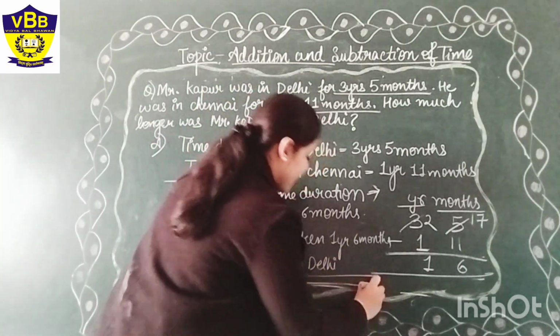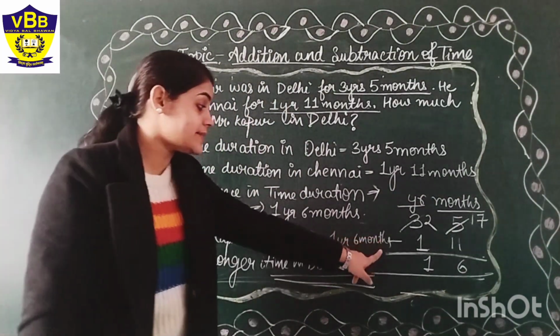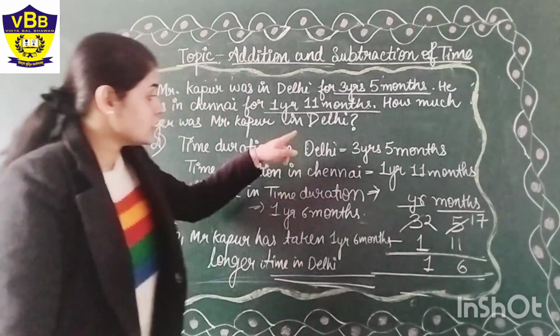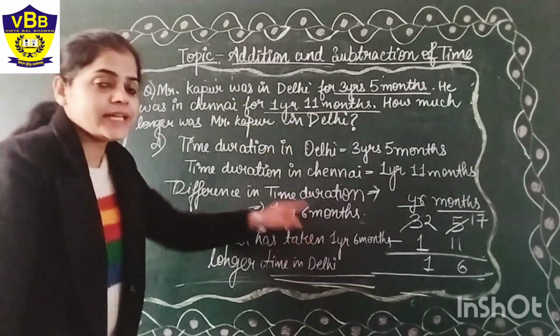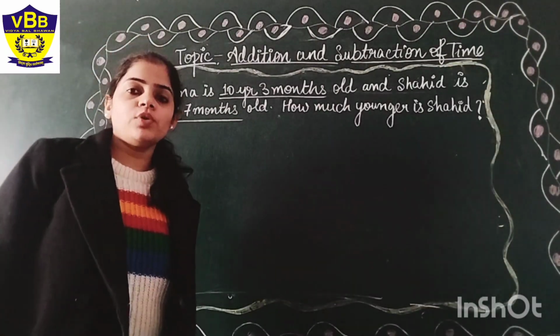Yes, longer time. So this is the time gap. He has taken 1 year and 6 months more time in Delhi. Got this point, bacha? So what we will do here? We will do the subtraction. Okay, beta? Let us do one more question.